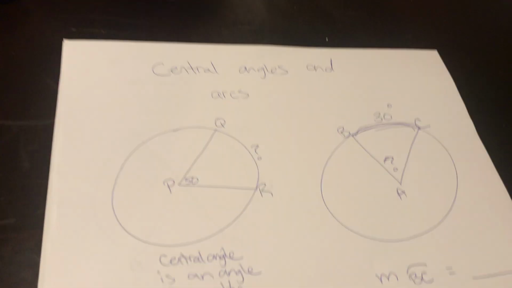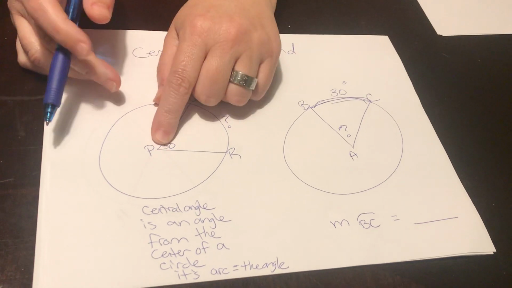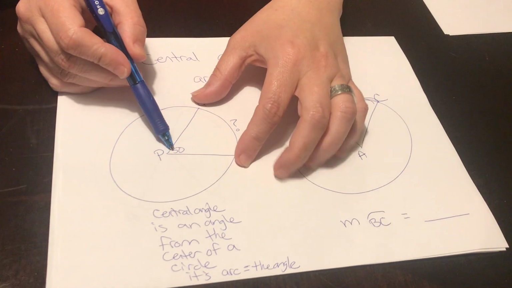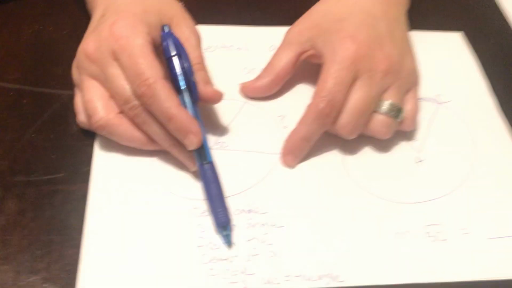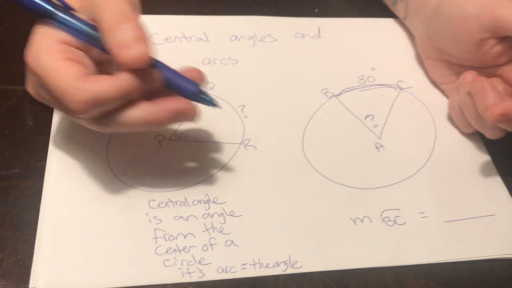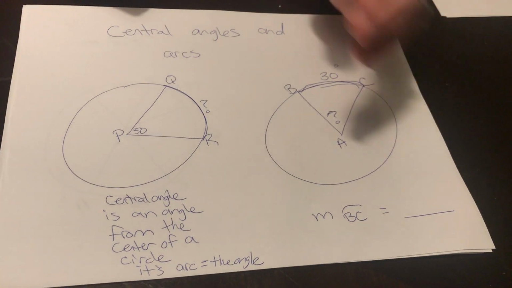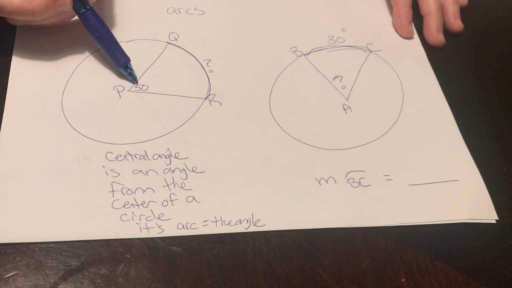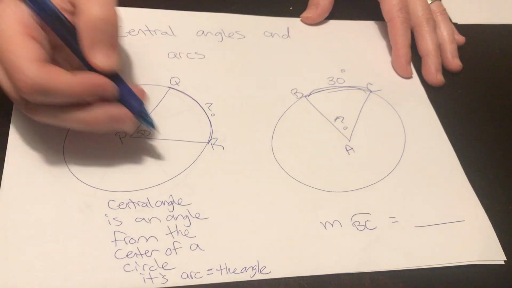We're going to talk about central angles and arcs. A central angle is an angle that comes from the center of a circle. This little thing here is called an arc, like a McDonald's arc. The central angle and the arc equal the same amount.